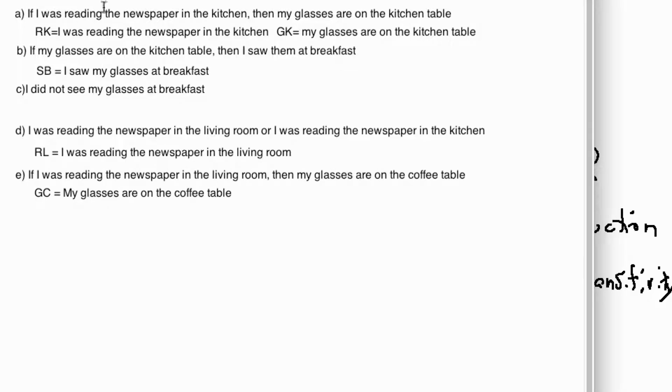If I was reading the newspaper in the kitchen, then my glasses are on the kitchen table. And what I want to do is symbolize this. So I'm going to let RK equal the statement, I was reading the newspaper in the kitchen. GK is the statement, my glasses are on the kitchen table.